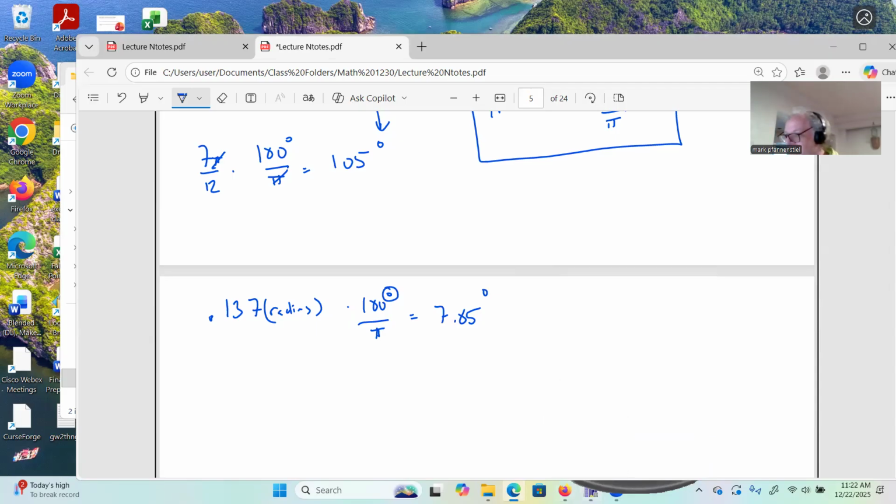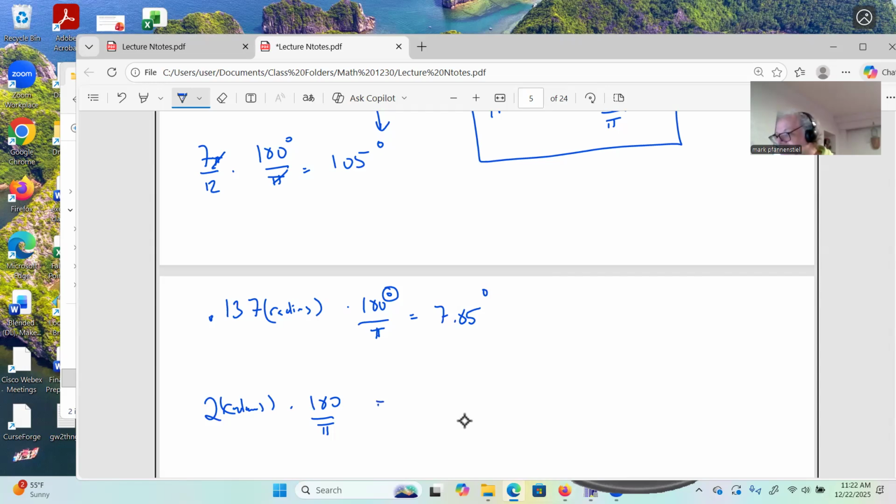And then we'll do one more. We have 2 radians. Again, they won't always say radians; they'll just say 2. And we want to convert it to degrees. We're going to say times 180 divided by pi. So 2 times 180 divided by pi.